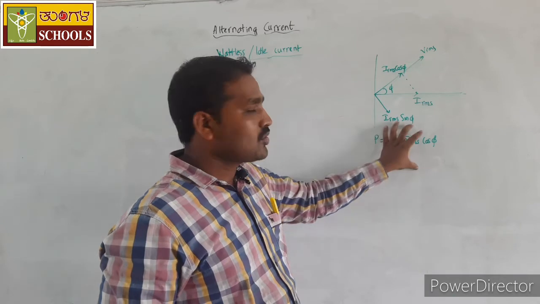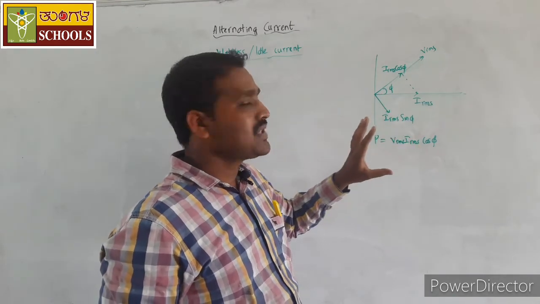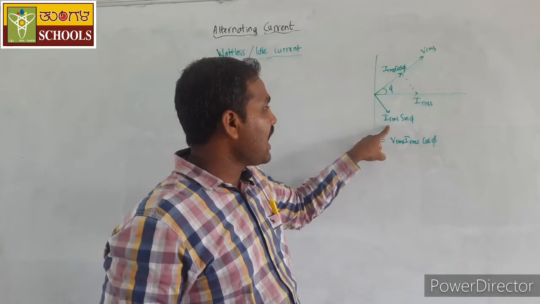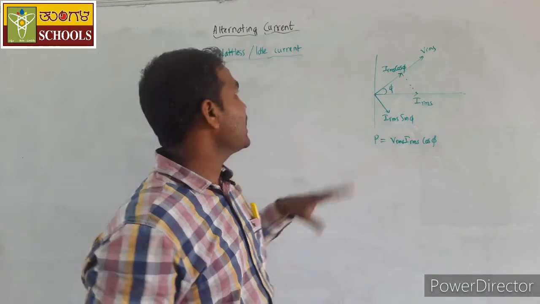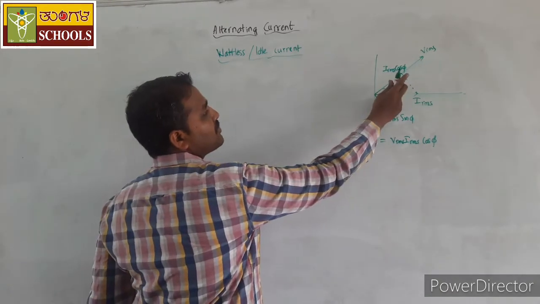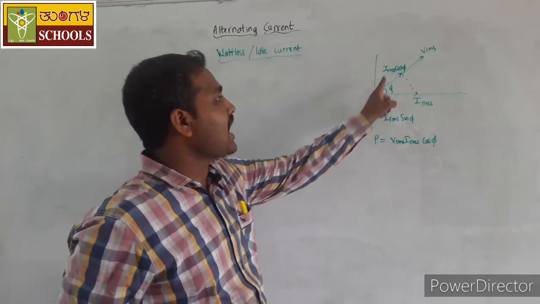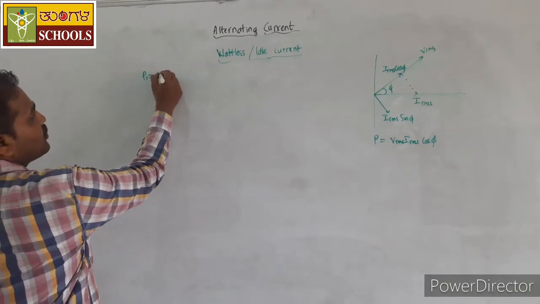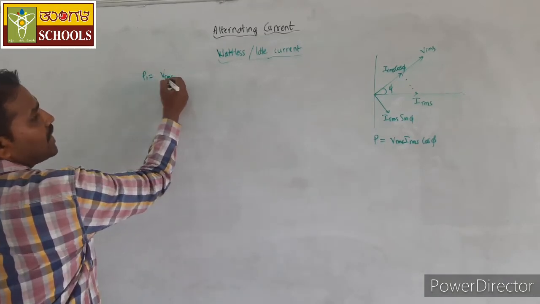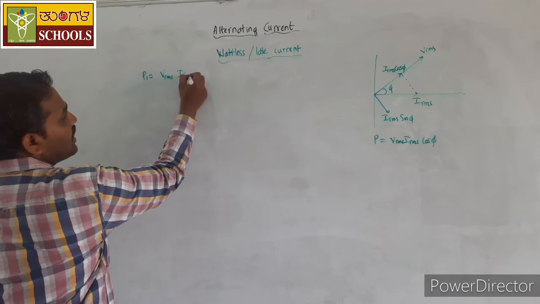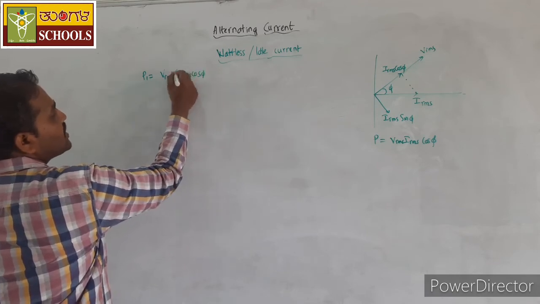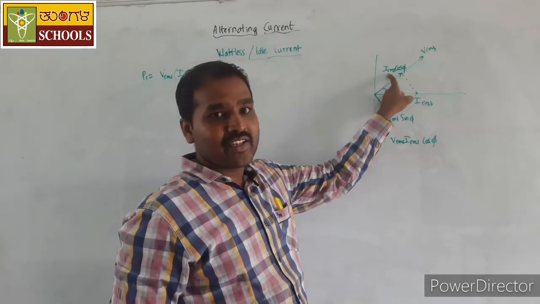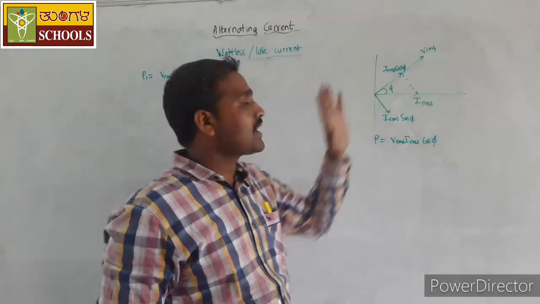Now the total power will be the sum of the power because of IRMS cos phi and IRMS sin phi. The power consumed because of the component IRMS cos phi is given by P1 is equal to VRMS into IRMS cos phi, and the angle between VRMS and IRMS cos phi is 0, because both are parallel to each other.